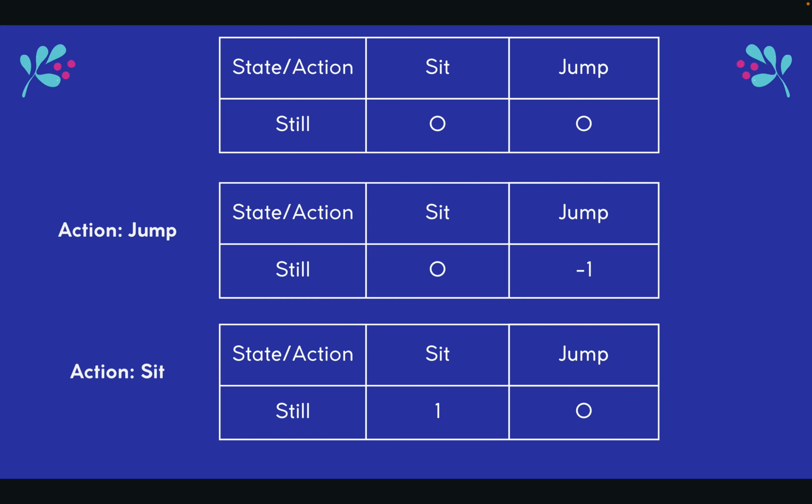In the start state, all Q values are initialized to 0. During each episode, the agent observes the current state of the environment, the still state, and it selects an action to take, either sit or jump. It receives a reward from the environment, either 1 for sitting or -1 for jumping, and it transitions to a new state based on the action it took and the current state of the environment.